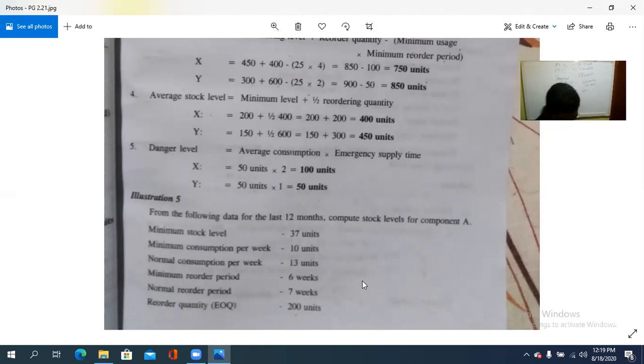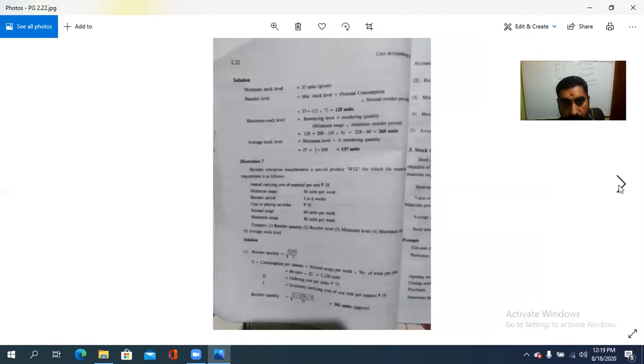Then what all we need to calculate? Minimum stock level, reorder level, maximum stock level, and average stock level. Minimum stock level is 37 units, already given in the question. Then what is the reorder level?